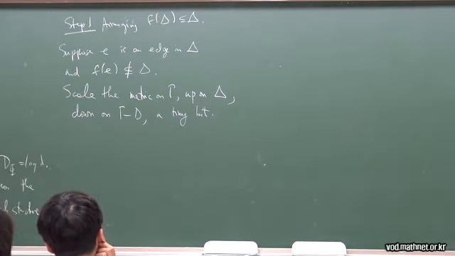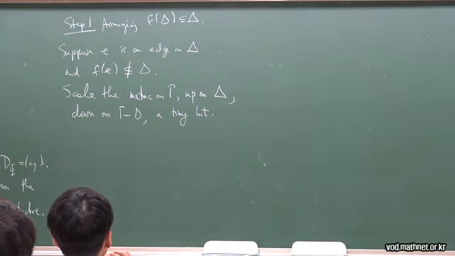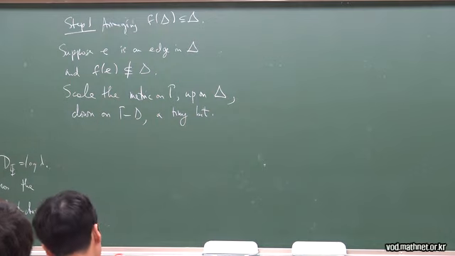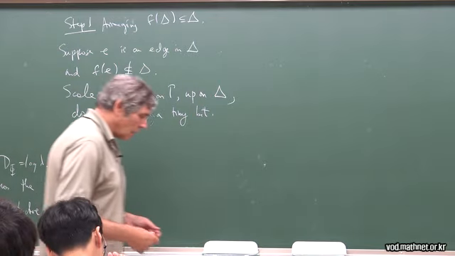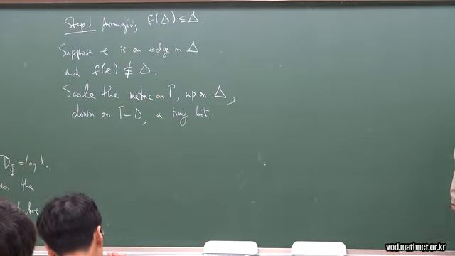You multiply by some constant slightly bigger than 1 on delta, and by some constant slightly smaller than 1 on the complement of delta. You can do it so that the lengths still add up to 1.